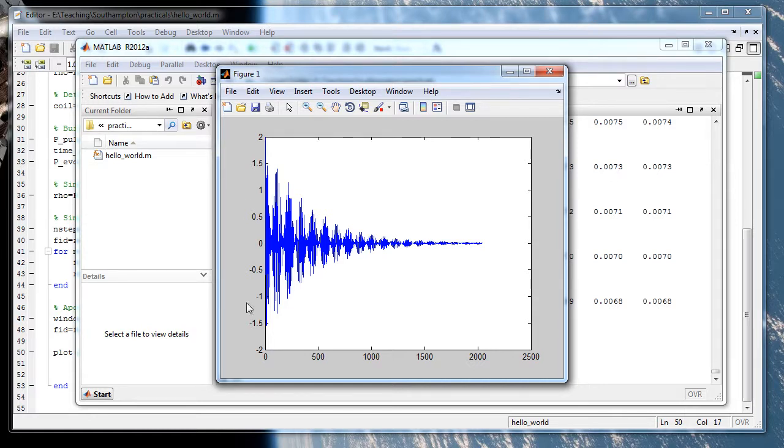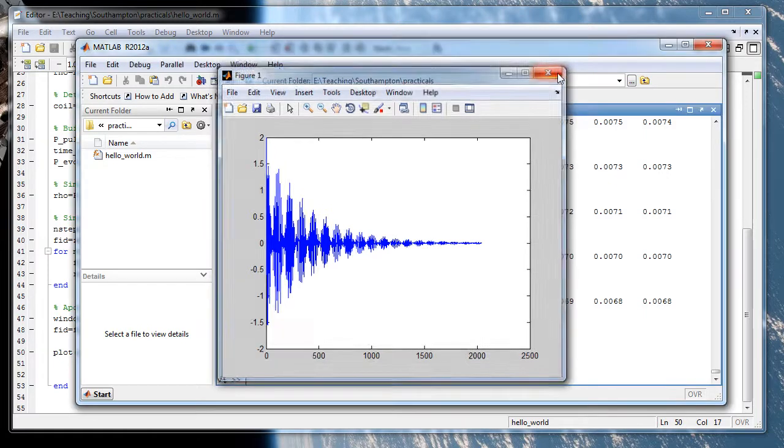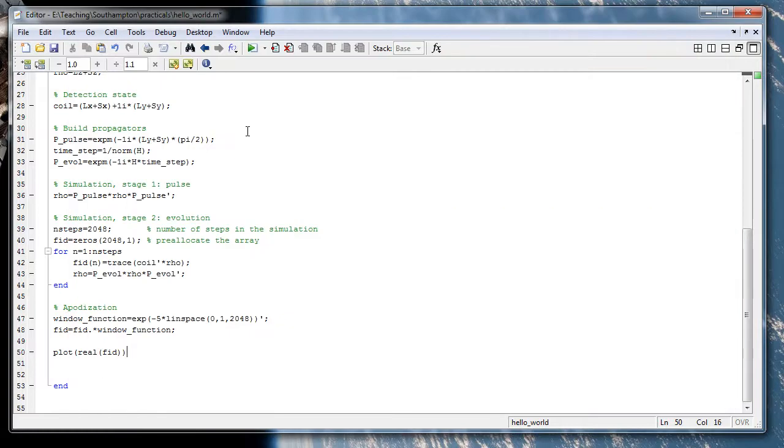Right, so we've got our FID, and it sure looks in a good shape to be Fourier transformed. So let us Fourier transform it. Right. Next thing, Fourier transform. Spectrum is equal to FFT FID. Now, there's a peculiar thing about MATLAB in that it places the zero frequency not at the center of the spectrum, as we typically do in magnetic resonance.